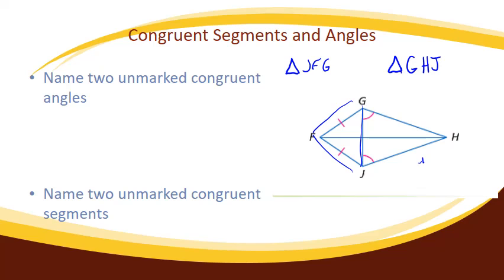Well, it would appear it's going to be isosceles, because I got a congruent side here and I got a congruent side here, which means that the angles opposite these are going to be congruent. Actually, angle F right there would be my vertex.